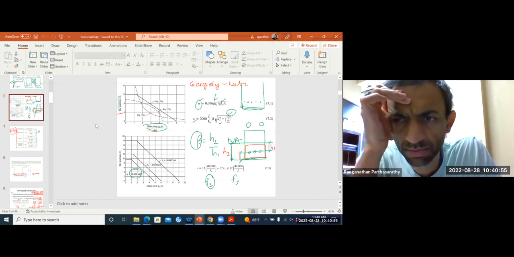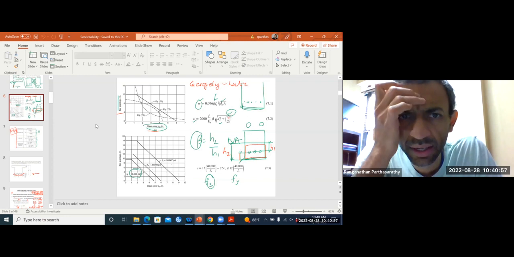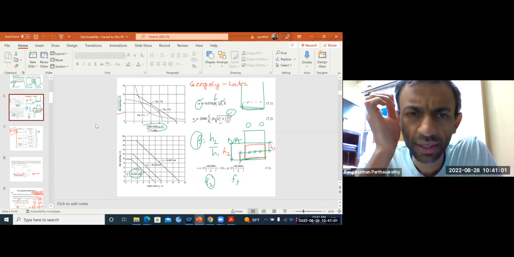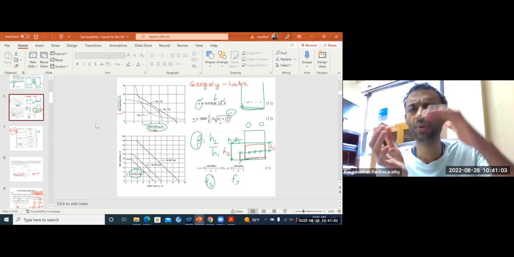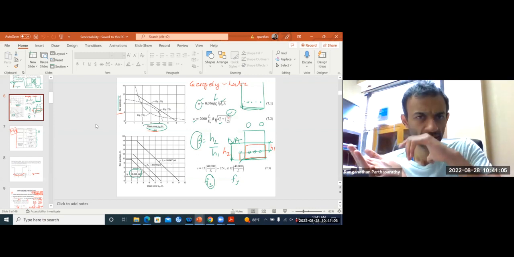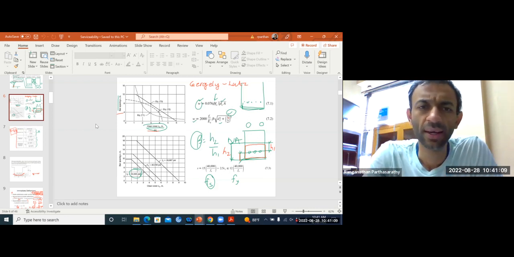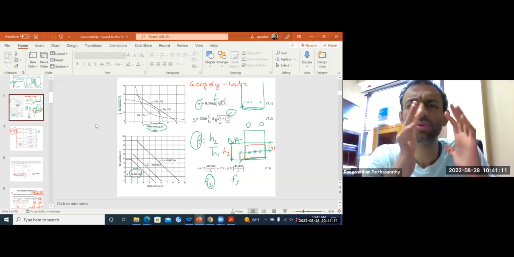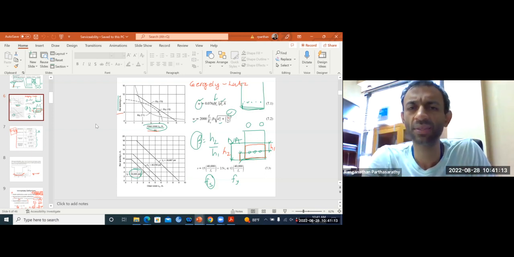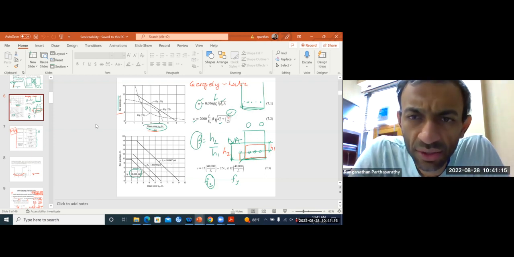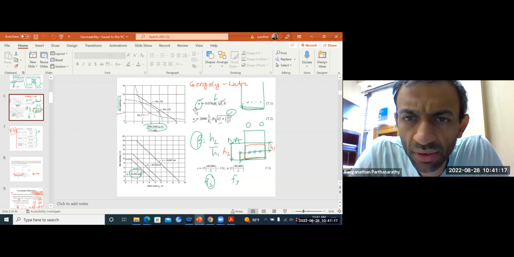Now, crack width is based on bar spacing and clear cover. When you provide a larger clear cover, your crack widths will increase. And when you have more bar spacing, your crack width will again increase. So these are two different equations.